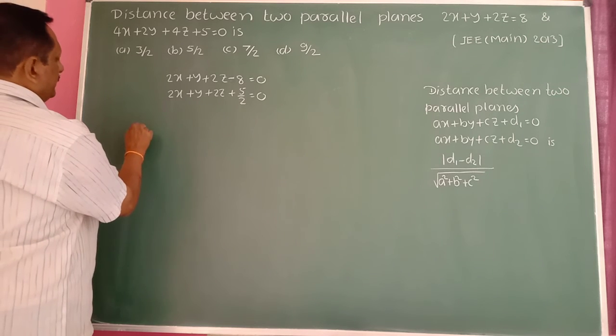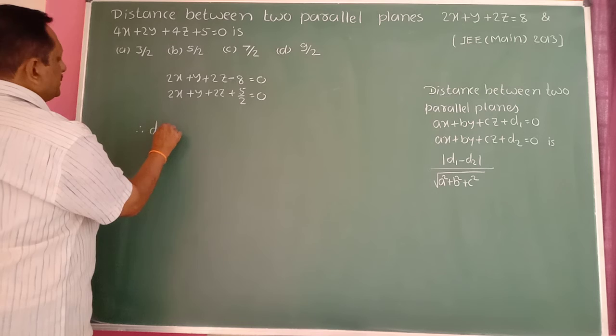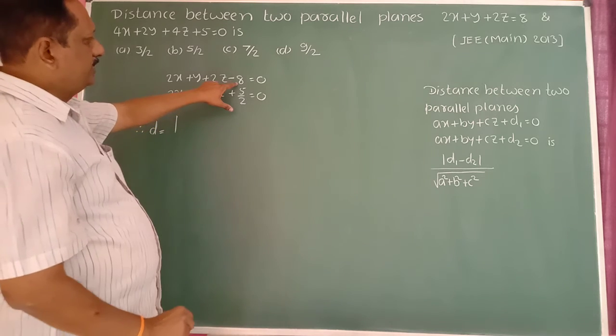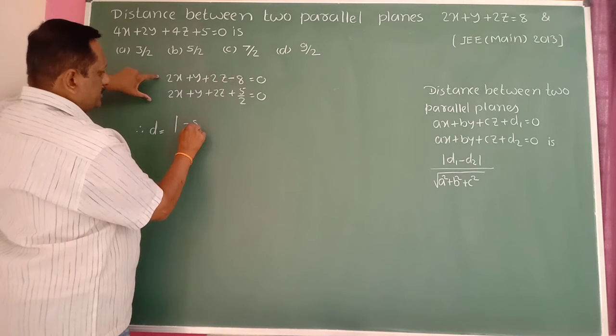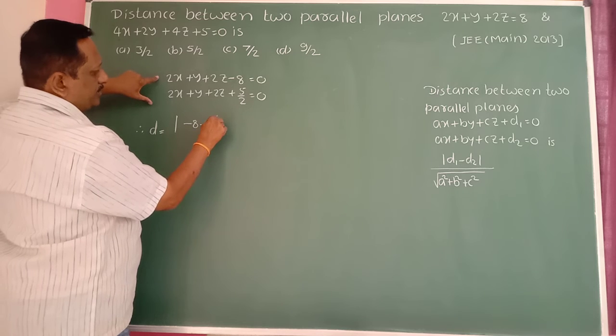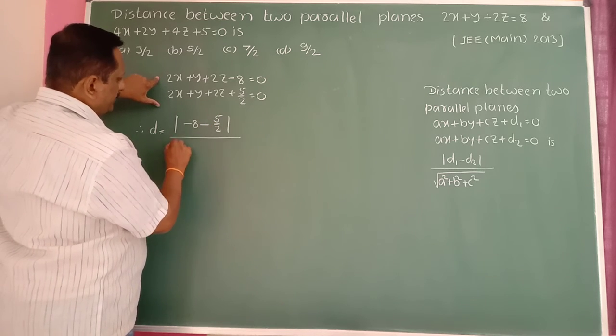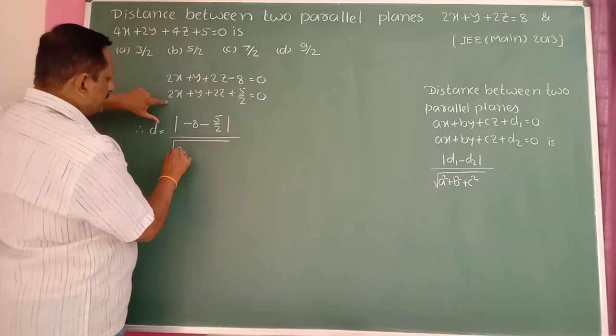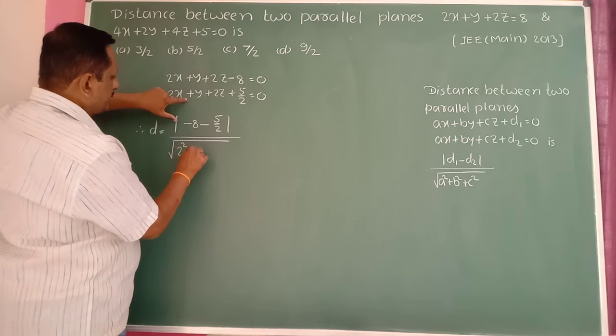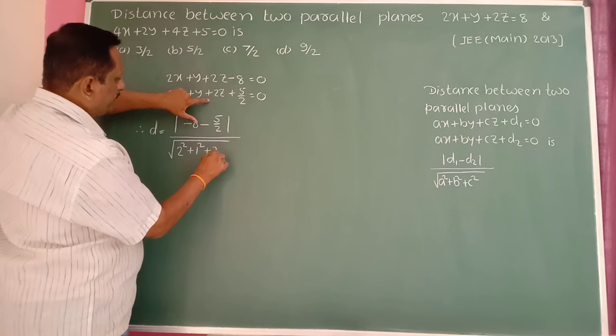Therefore, the distance between two parallel planes is given by: here d1 is minus 8 and d2 is 5 by 2, divided by root of 2 square plus 1 square plus 2 square.